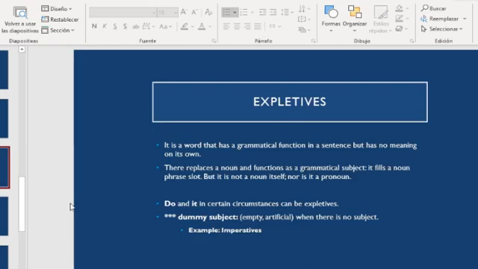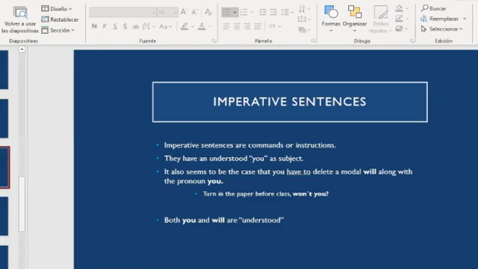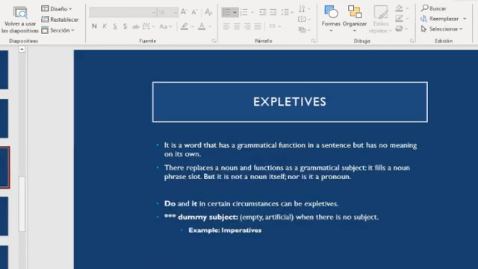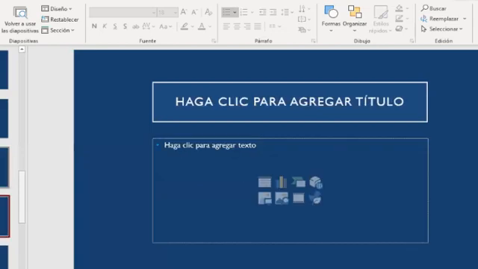Now, if you have there plus be, this is different. Thank you. Can you make an example that has an expletive, Professor, please? You mean another example? Yes, to be sure.